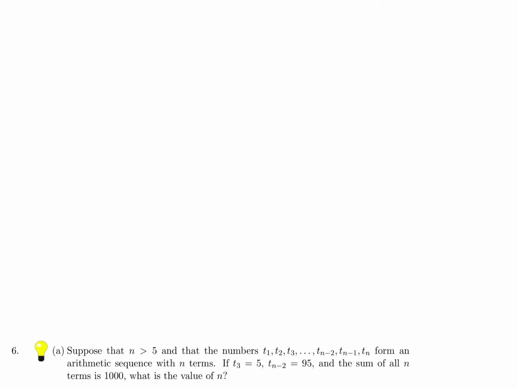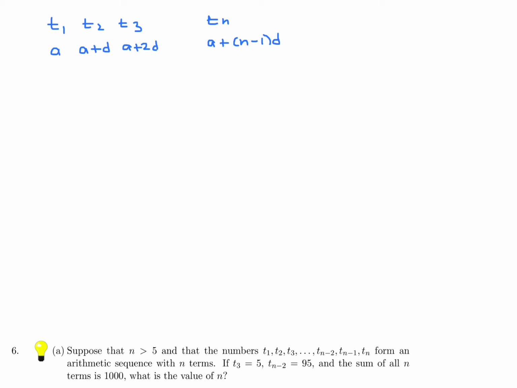So we are told that we've got a whole bunch of terms here, t1, t2, and so on, right? t3, and then it goes all the way until tn. And it's an arithmetic sequence, so that means it's a plus d, a plus 2d, and so on, all the way until you get to the last one, which would be a plus n minus 1 d.